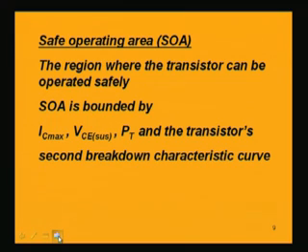That also we have to keep in mind, because there is a second breakdown which may happen, and we will have to take care in considering that characteristic also. So, we will have an area or a region bounded by all these four parameters within which we should operate the power transistor. So, let us look into that area.